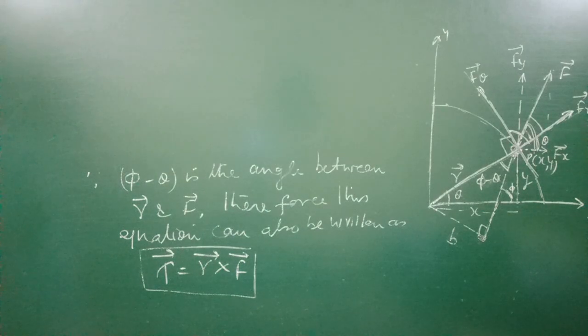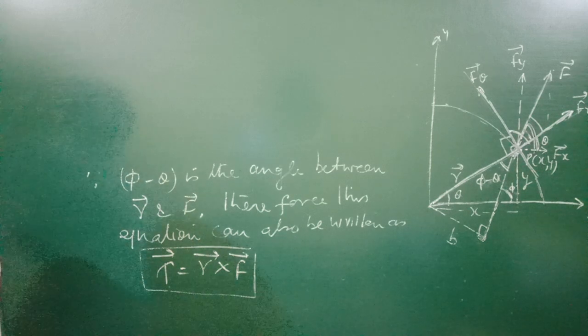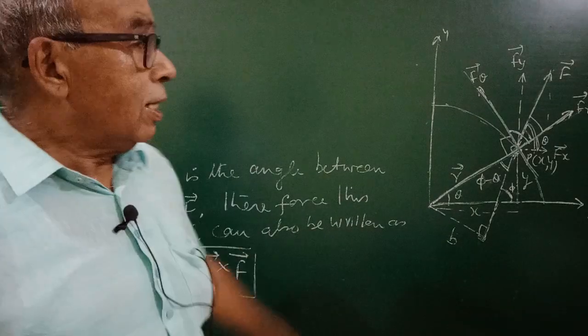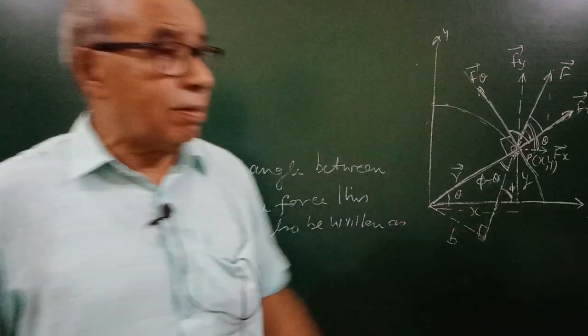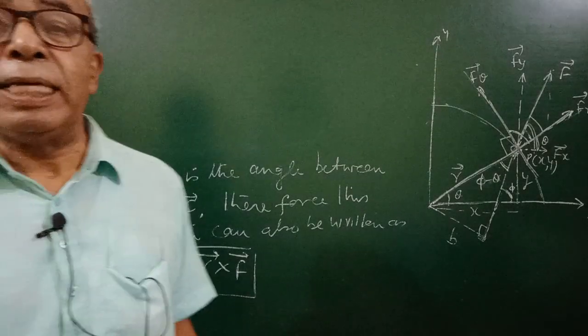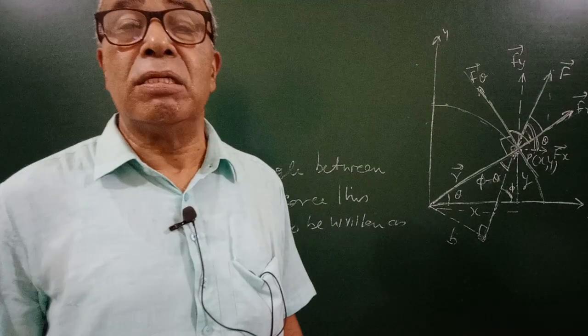Vector R and vector F are lying in the plane of the board. Therefore vector torque will be at right angle to the plane of the board, and here the plane of the board is represented by the XY plane. So normal to the XY plane is which axis? Z axis.